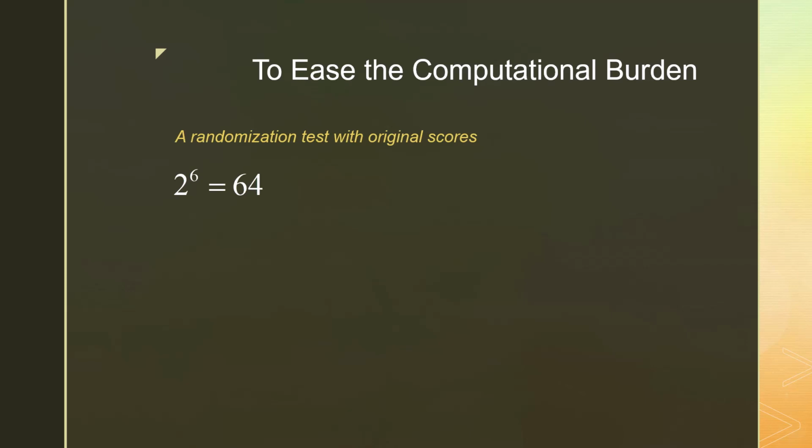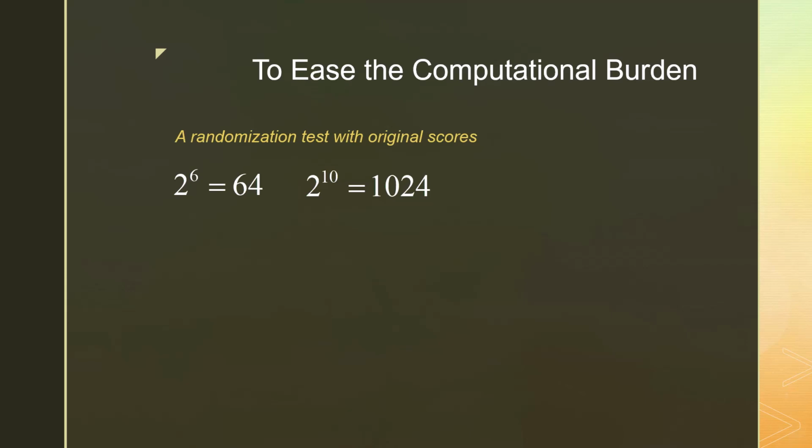But imagine if we had 10 observations, that is 20 participants matched into 10 pairs, and we obtain 10 different scores. Now we have 2 to the 10th, or 1,024 sequences. That is still fairly manageable.